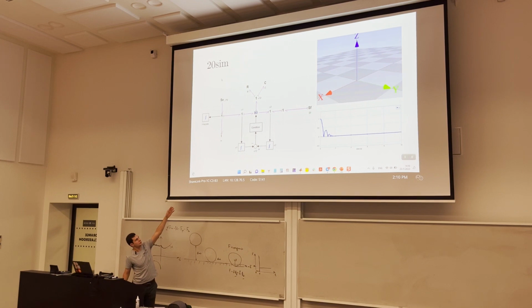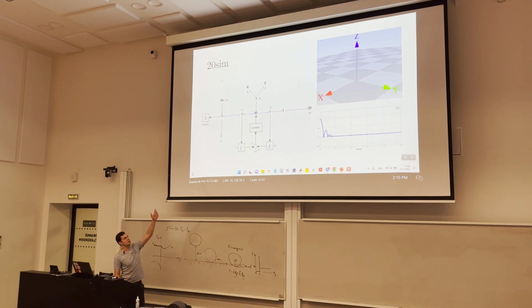And XO is just another block for the condition. And RC is a damper and stiffness. So in R and C, you put your damping coefficient and stiffness coefficient. The idea is the same. But still, it's just a 1D example.